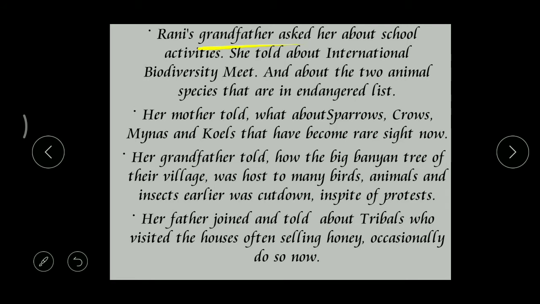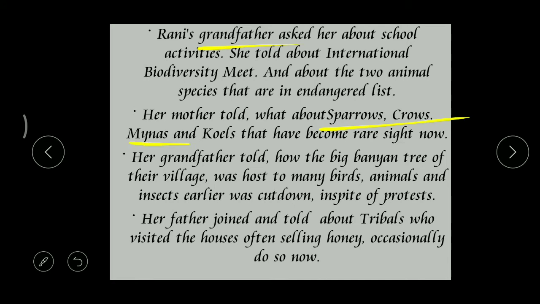Then she told that in today's lesson, our teacher told that two species from our country, from our state, are under this threatened list.